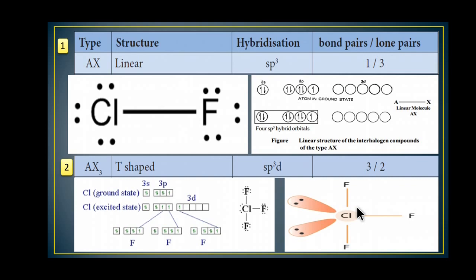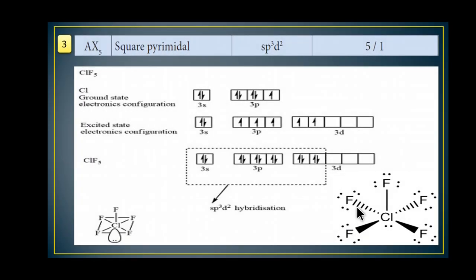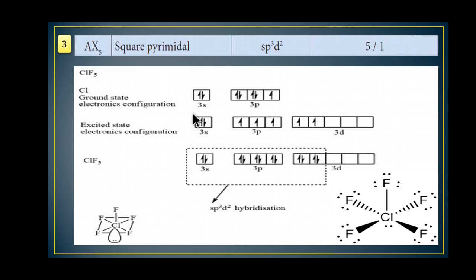And next, the type AX5. Generally the structure of AX5 is square pyramidal. The hybridization is sp3d2, with 5 bond pairs and 1 lone pair. The example for AX5 is ClF5.